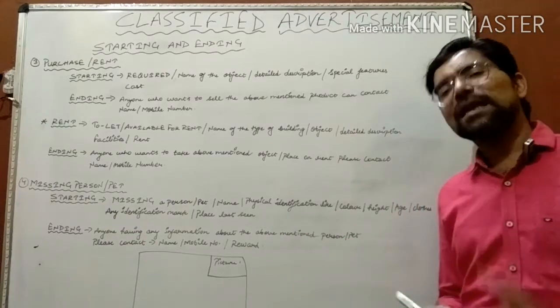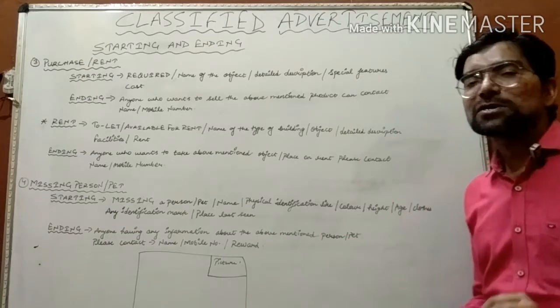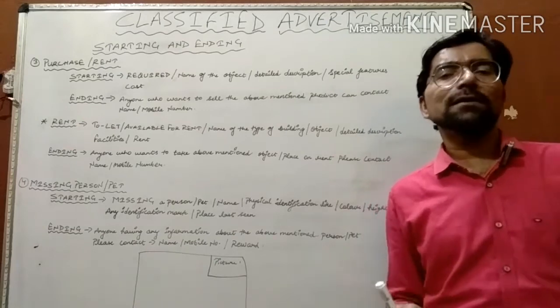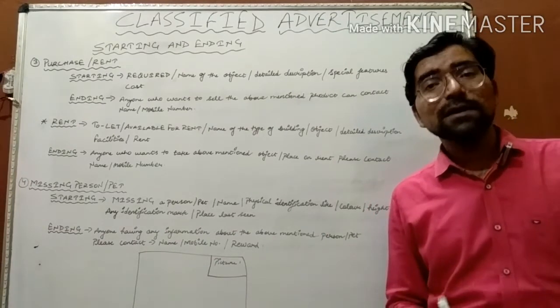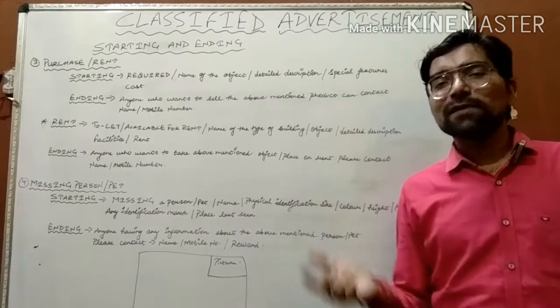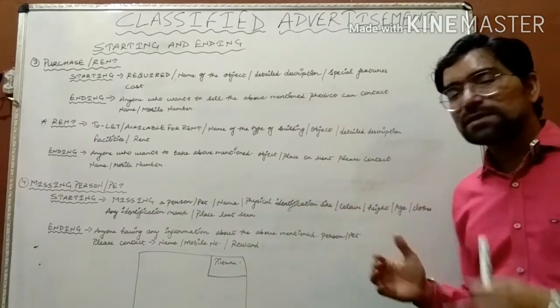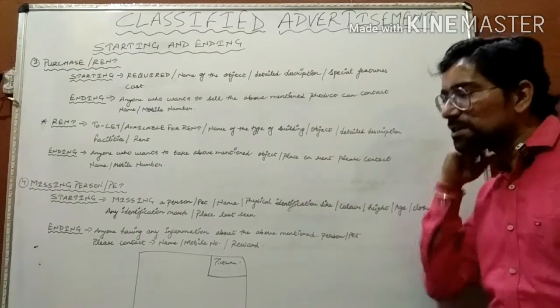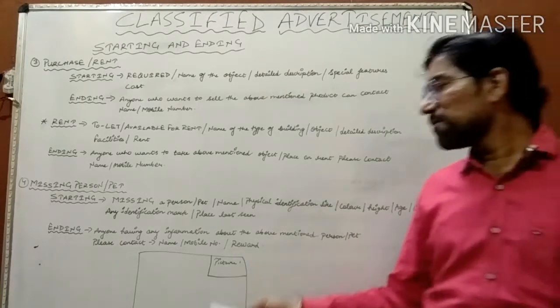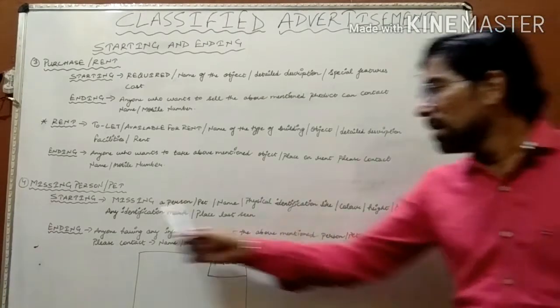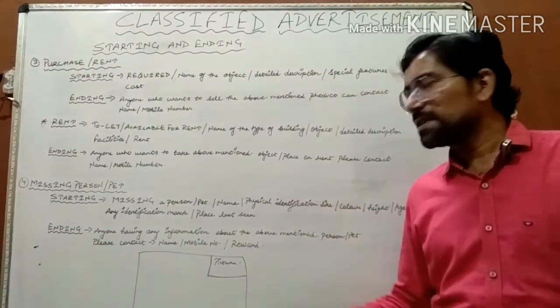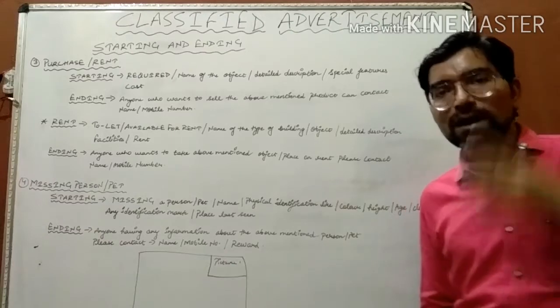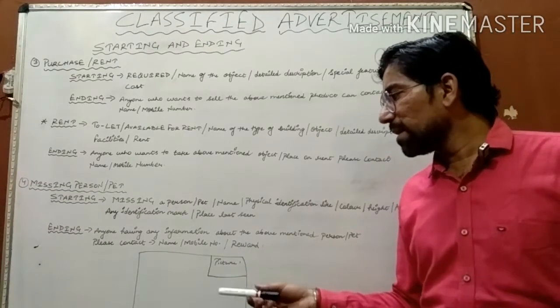And then physical identification. Physical identification includes height, color, age, and a special identification mark like a scar on the right eyebrow. So this is going to be a special identification mark, as I have told you, a scar on the left eyebrow or the right eyebrow.